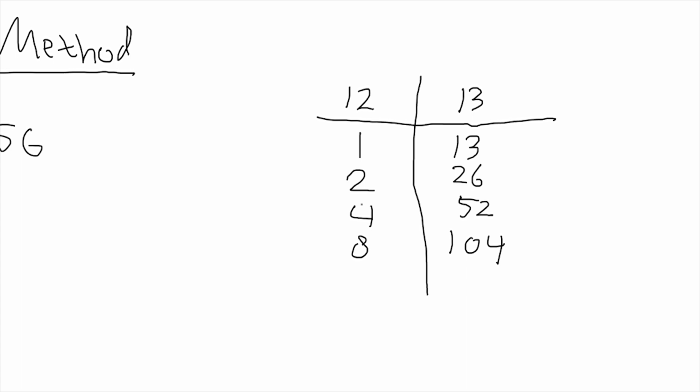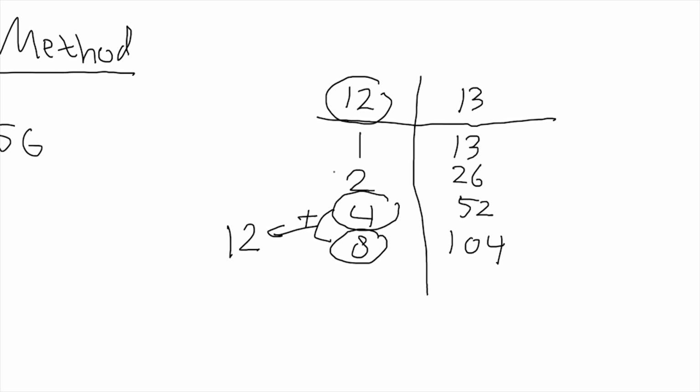Then on the left column we choose numbers that sum to 12, so we choose 4 and 8. If we sum them, it becomes 12.